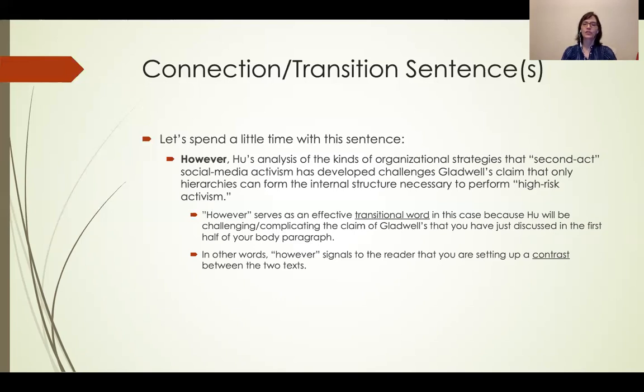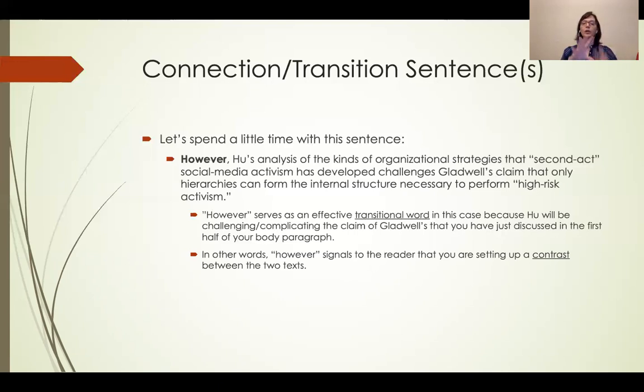Okay, so in other words, if Gladwell says the two are nothing alike, civil rights activism and social media activism, then for Hugh to complicate that claim, you need to show how second act social media activism is similar in some ways to the civil rights movement, that traditional activism.